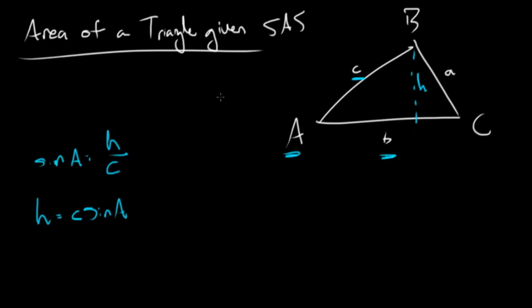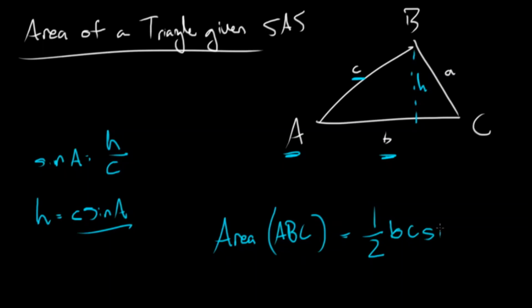So the area of a triangle, given side, angle, side, is 1/2 b c sine A. This is the angle that we were given and the two adjacent sides to that angle. Cool, that's our little warm-up.